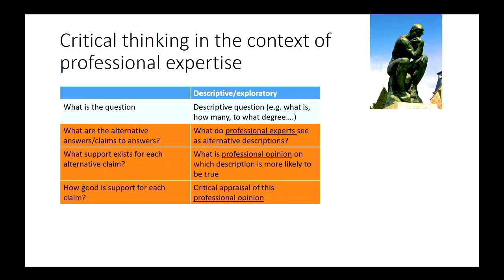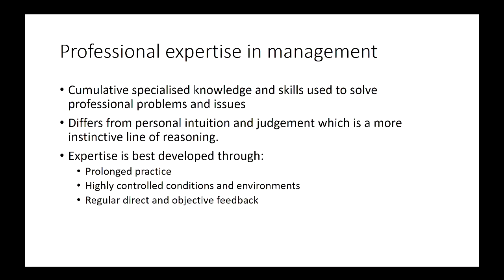How good is support for it? For that, you need to be able to critically appraise the evidence that you've got from these experts. One way to critically appraise it is to make sure that the expert you're talking to does actually have the best quality expertise in that area.